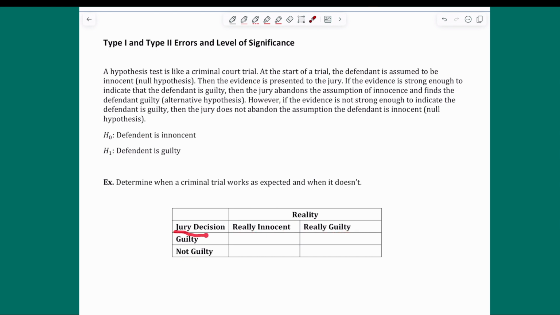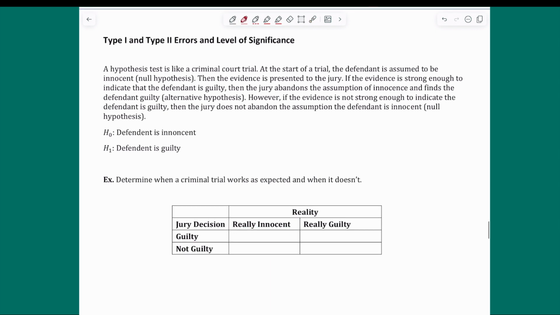If the jury decides the defendant is guilty and they're really innocent, is that a good thing or a bad thing? That is unfortunately a bad thing. But if the jury decides they're guilty and they're really guilty, that actually is a good thing.